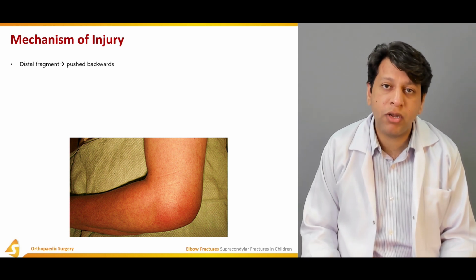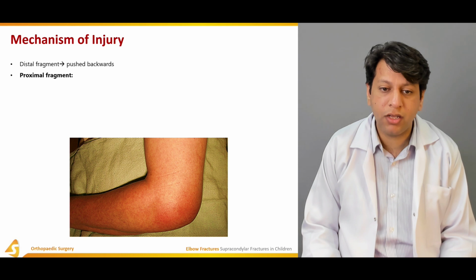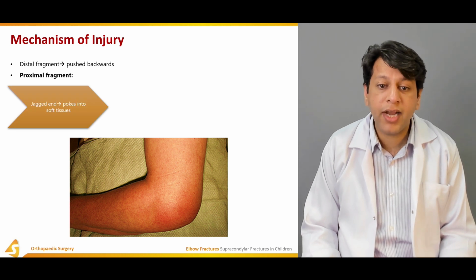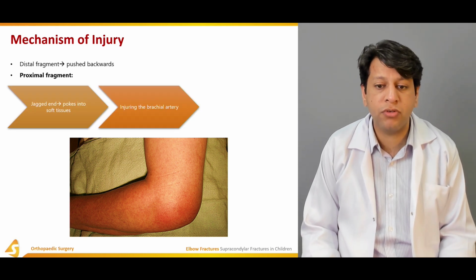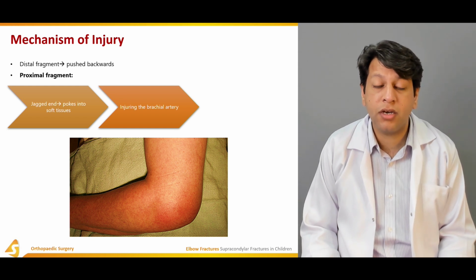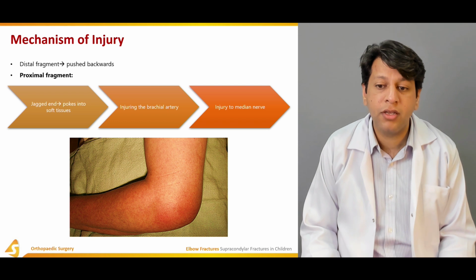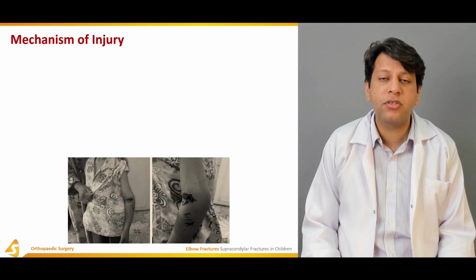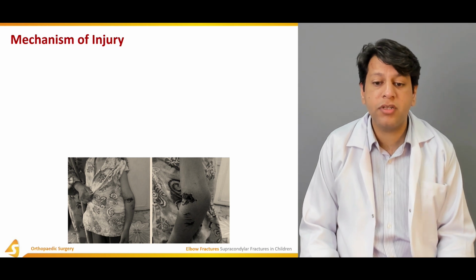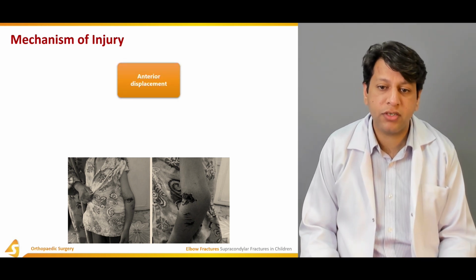In this, the distal fragment moves anteriorly, jags up and pokes into the soft tissues. In this kind of injury, the brachial artery can be damaged, or the median nerve can also get damaged most of the time. This is usually a flexion type injury, which can be an open fracture as well.